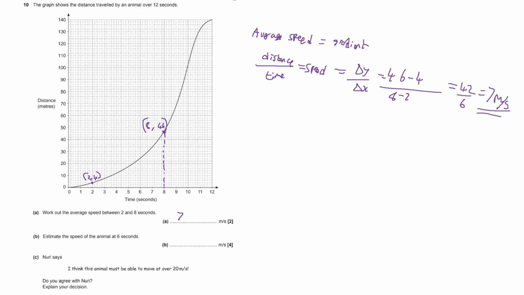Now, estimate the speed at 6 seconds. Now remember that for a chord, this is the average of just here to here, okay? If we want it at one point, all we need to do is draw a tangent at 6. So this is where 6 is. We can say that that's (6, 24). I think that's a good educated guess. And then let's draw a tangent.